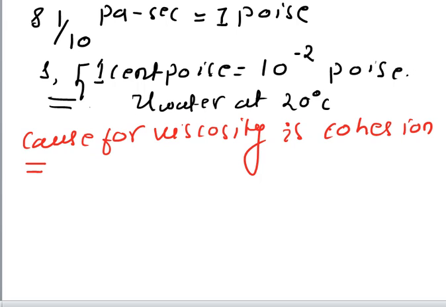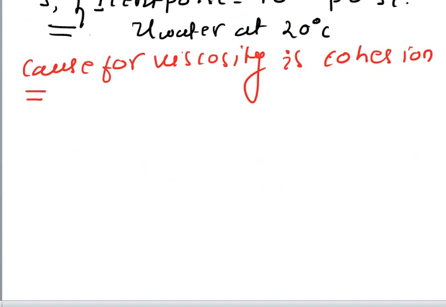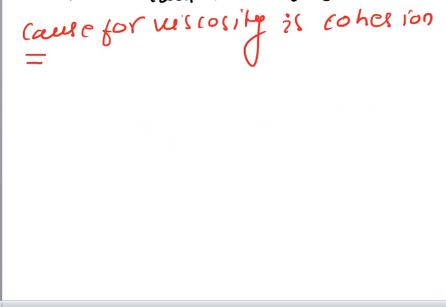So let's move to our topic, where we are in sedimentation analysis. This is all about how Stokes law goes.